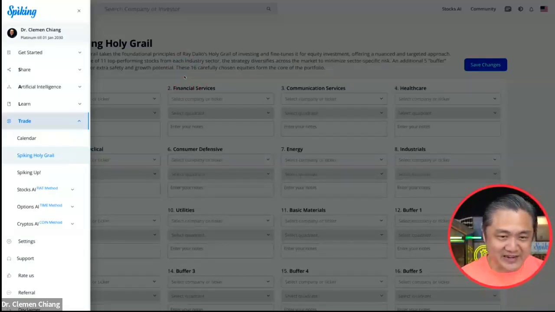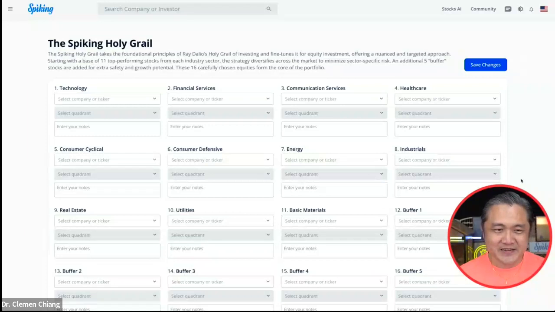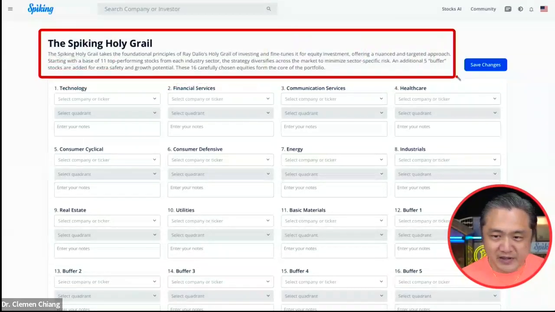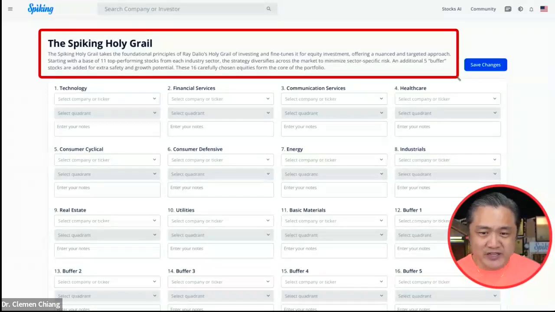Check this out. I did the explanation right at the top paragraph right up there, and we give credit where it's due. The Spiking Holy Grail takes the foundational principles of Ray Dalio's Holy Grail of investing, and fine-tunes it for equity investment, offering a nuanced and targeted approach.